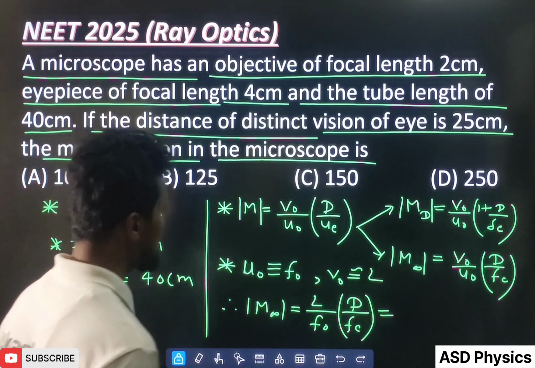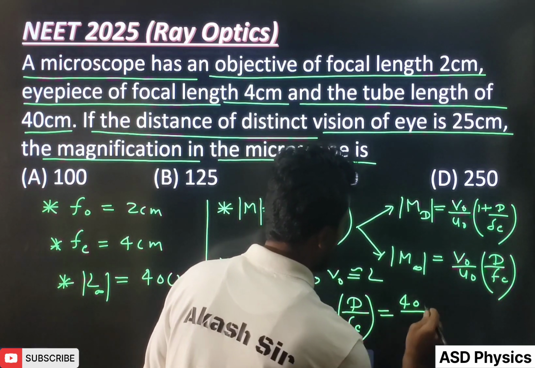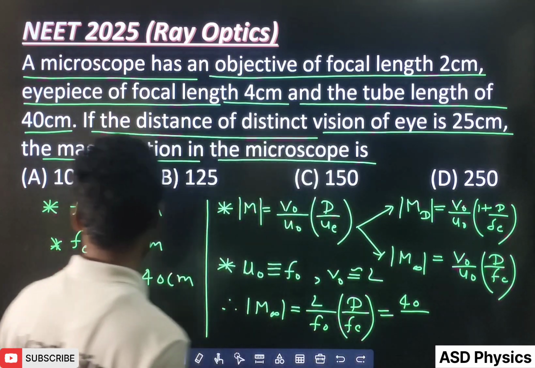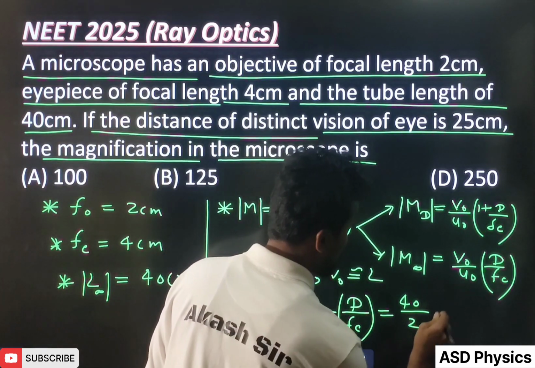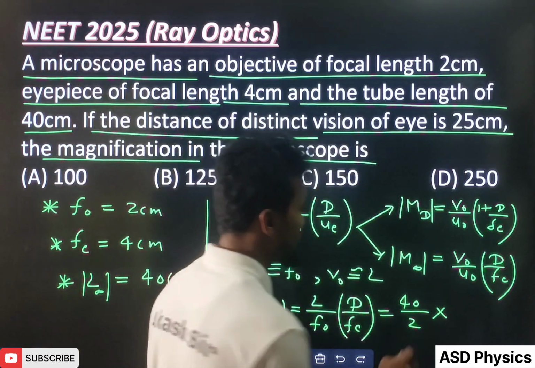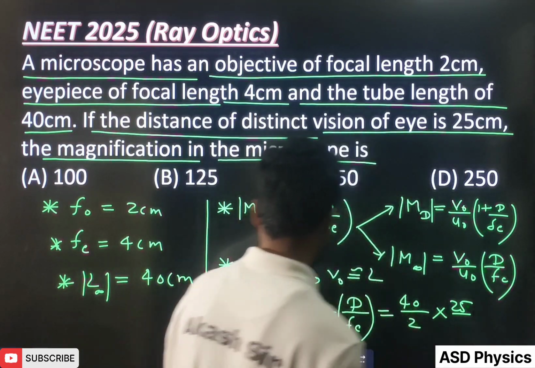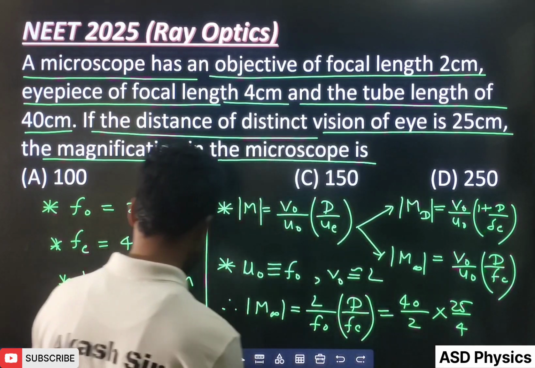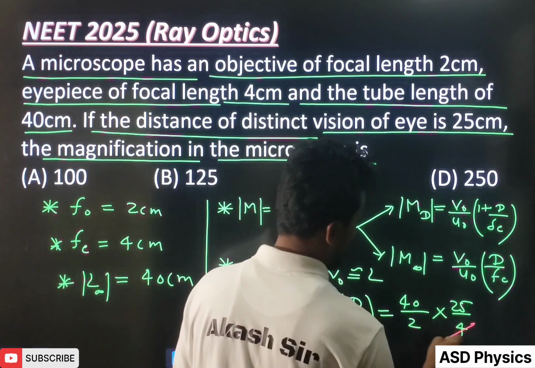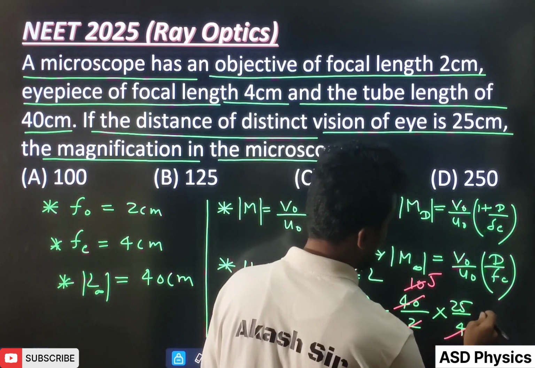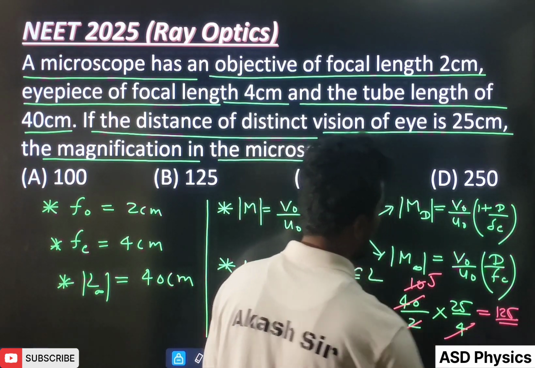L value is 40, by f0 which is 2, into D, the distinct vision of the eye, 25 cm, by FE which is given as 4. When you simplify this, 4 tens are 40, 2 fives are 10, 5 into 25 is 125.